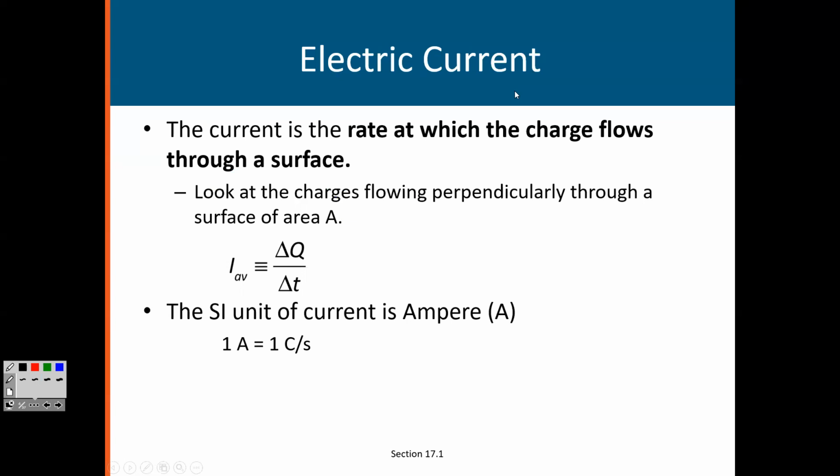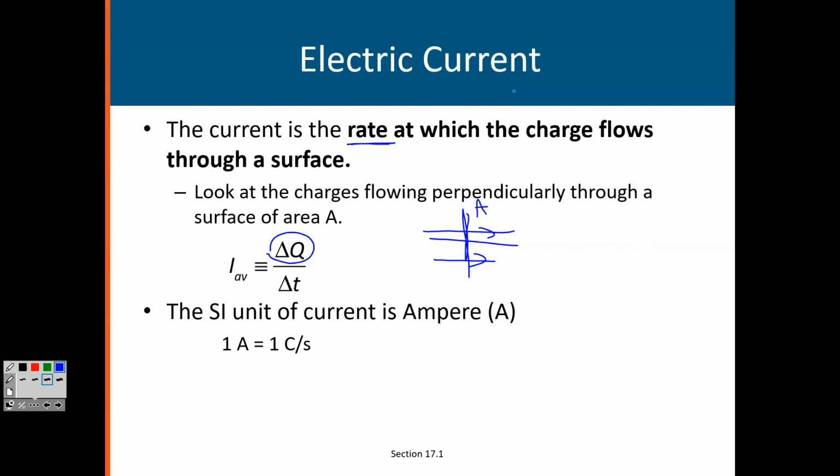So how is electric current defined? It's nothing but the time rate, meaning how fast something is happening, at which charge flows through a surface. Say we stop at a certain place, an area, and look at the charges crossing this area. Let's say we wait for 10 seconds and see how much charge flows per unit time, or in a second.